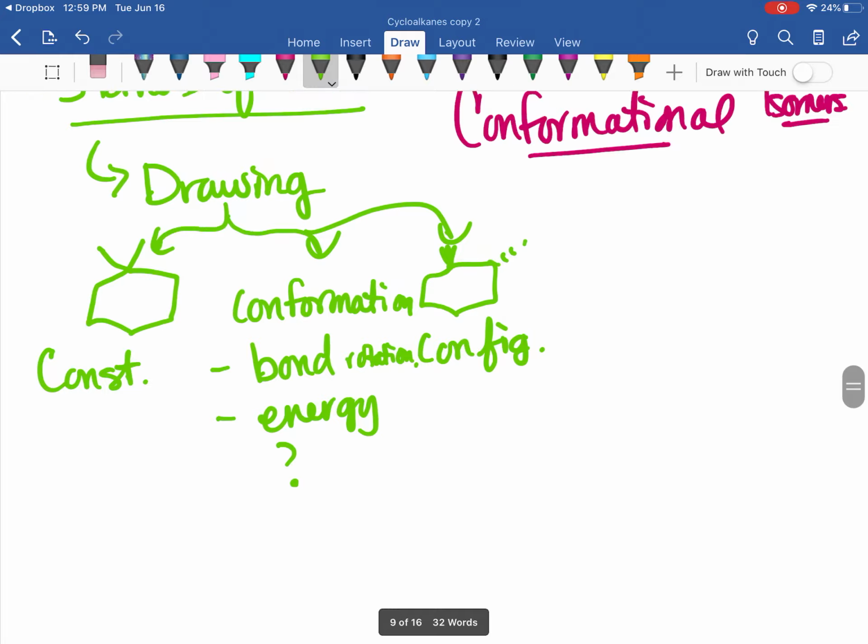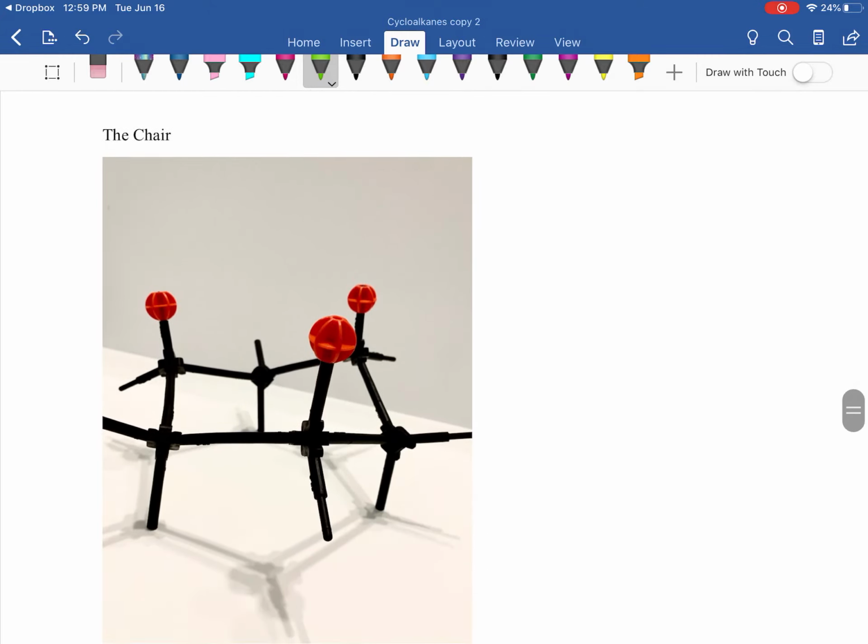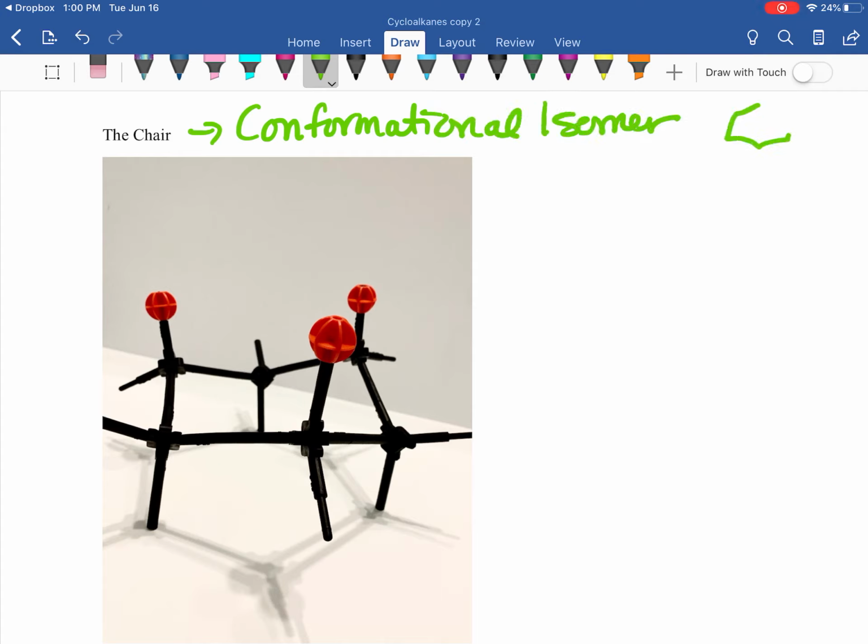But what about that energy difference? So grab your model set, let's change our perspective. We're going to use something called the chair. This is for our conformational isomers for cyclohexane. So first we're going to draw them and then we're going to talk energy.